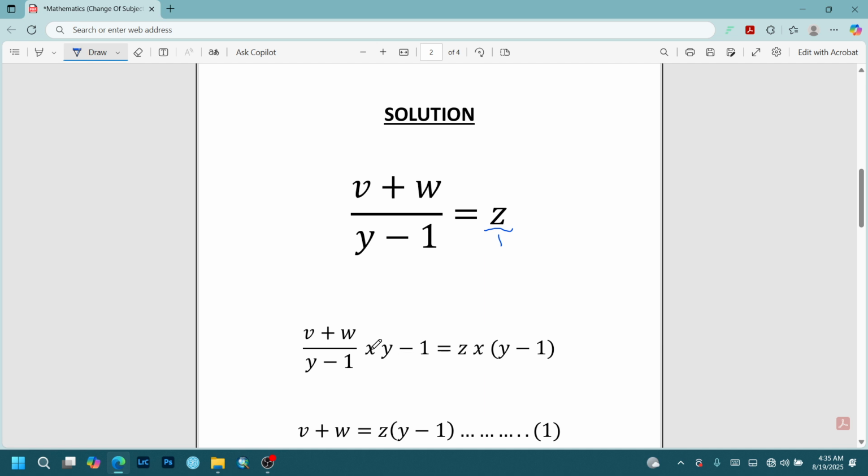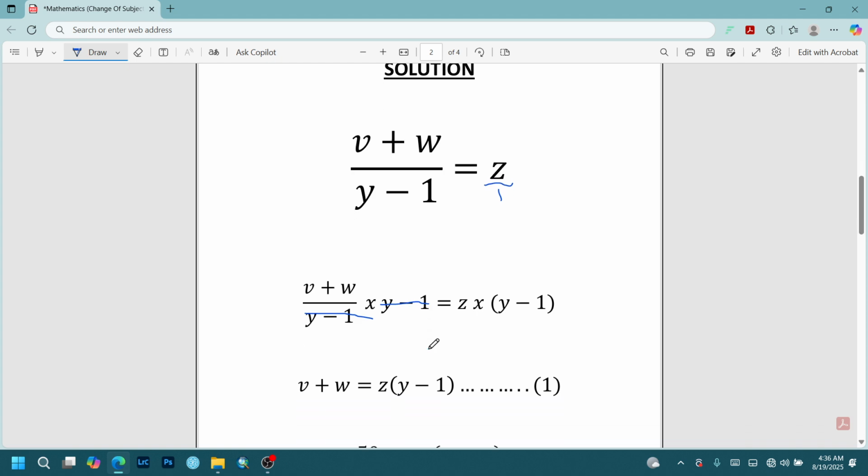When you multiply through each equation with the LCM, we are going to have our next equation to be the fraction v plus w over y minus 1 multiplying y minus 1 equals z multiplying y minus 1. Okay, so this y minus 1 would cancel itself out, leaving v plus w alone.